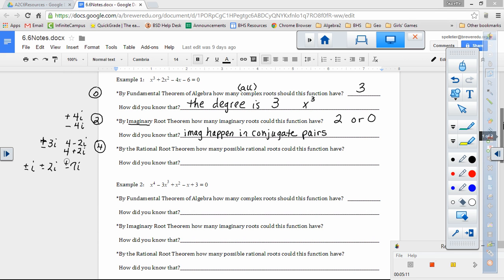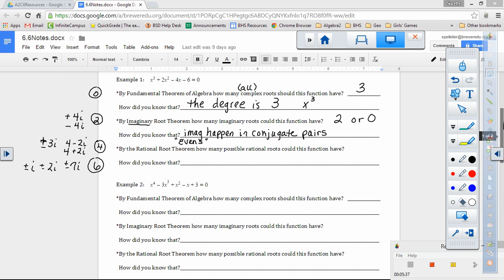That gives me 6. So when I'm looking at the number of imaginary roots, they have to happen in pairs. Okay, so 0, 2, 4, 6, 8, they have to go up by 2s. Those are my only possibilities. I can't have an odd number. So they have to be evens, right? No odds.